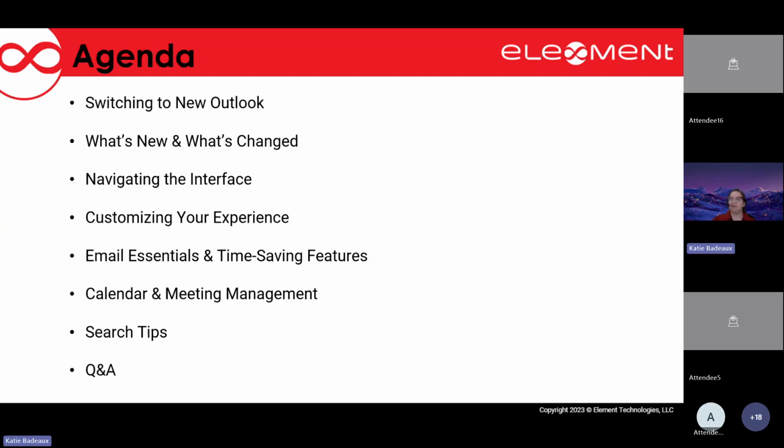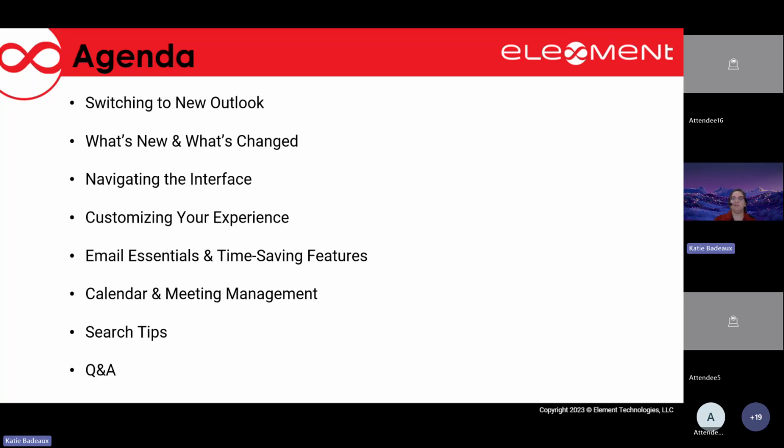So here we have our agenda for today's session. We're going to start off by talking about how you can make the switch to New Outlook, what's new and what's changed. We'll talk about how to navigate around. It should feel fairly familiar, but there are a few pieces that kind of throw folks off when they initially make that change. I'll show you some options for adjusting your settings to customize your experience.